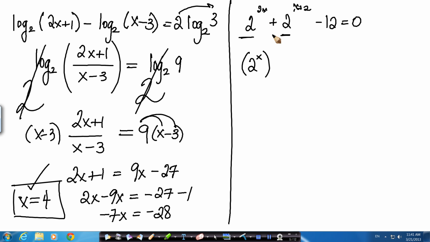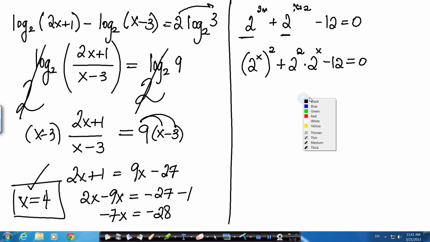So I can rewrite 2 to the 2x as 2 to the x squared, right? Because 2 times x is the same thing as x times 2. I can also rewrite this guy as 2 to the 2 times 2 to the x, because remember, if the base is the same, you can add the exponents. Minus 12 equals 0.